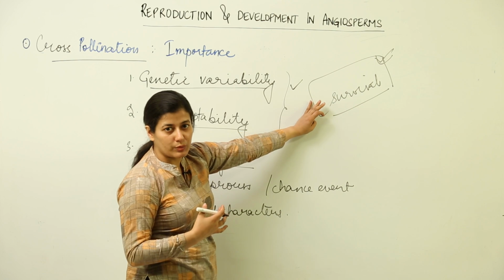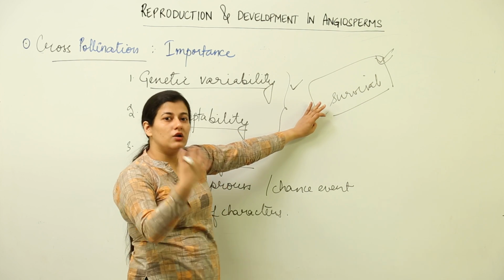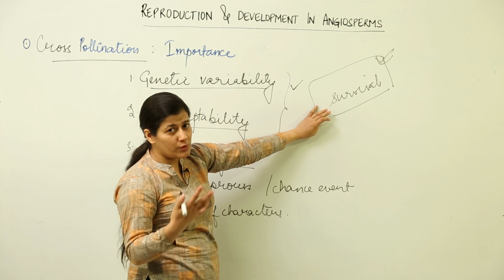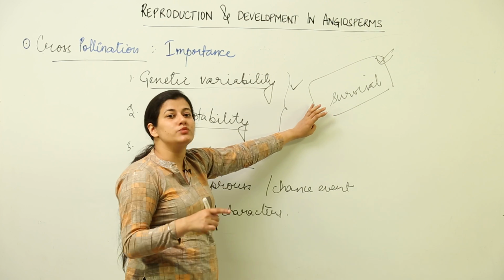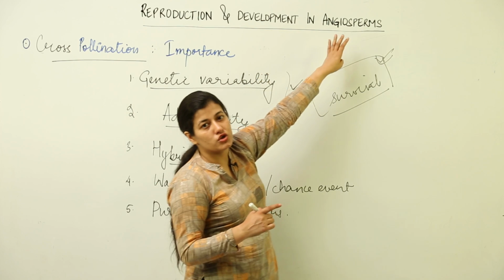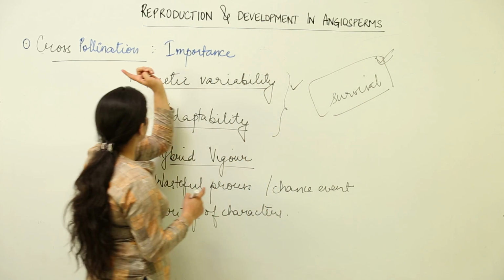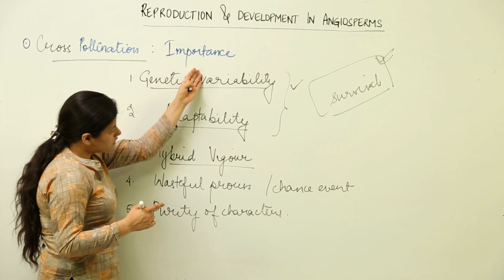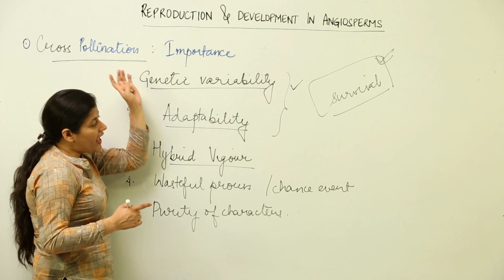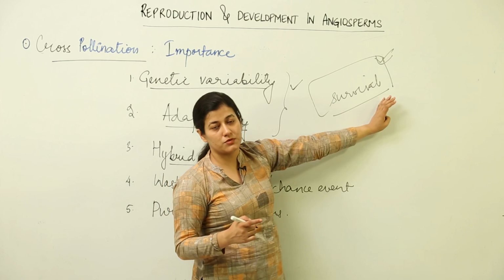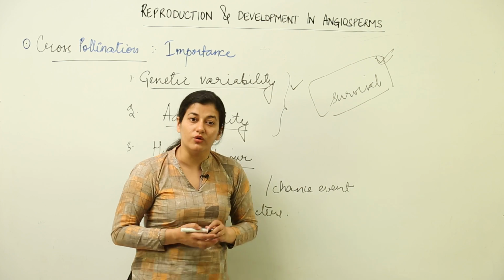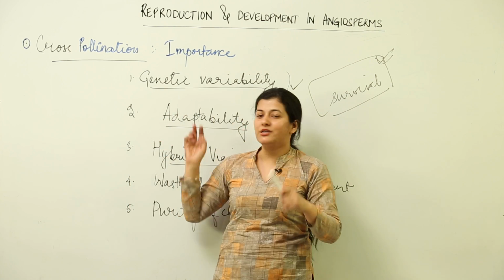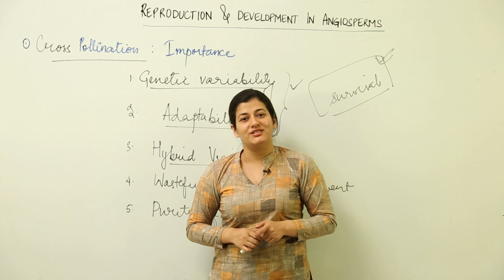If the plant is able to survive, it is going to see a lot of evolutionary development, and we would find the plant over generations and generations and generations, and that we have seen in the case of angiosperms. Because of this property, these two things are resultant of this, and because of this we find angiosperms the most diverse variety of plants that we have on our earth. So, you get to know the importance of cross-pollination as well.